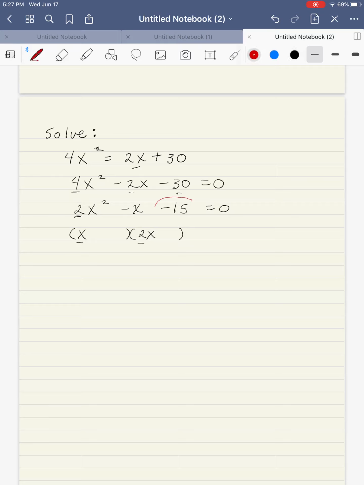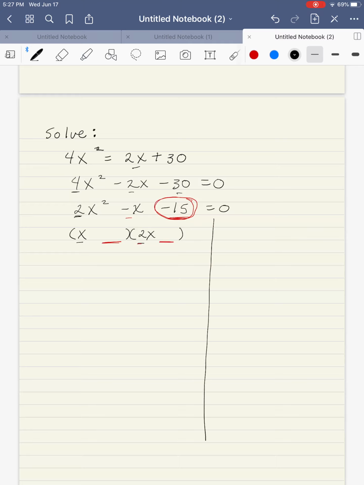Then I think about the negative 15. The only way I can get that negative 15 is if this number and this number multiply to give me negative 15. But those two numbers do not add to give me negative 1 because of this 2 here.